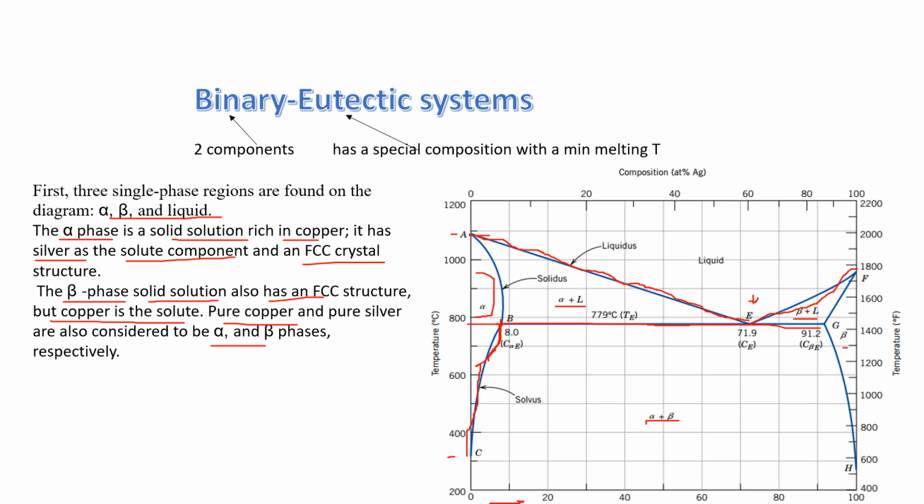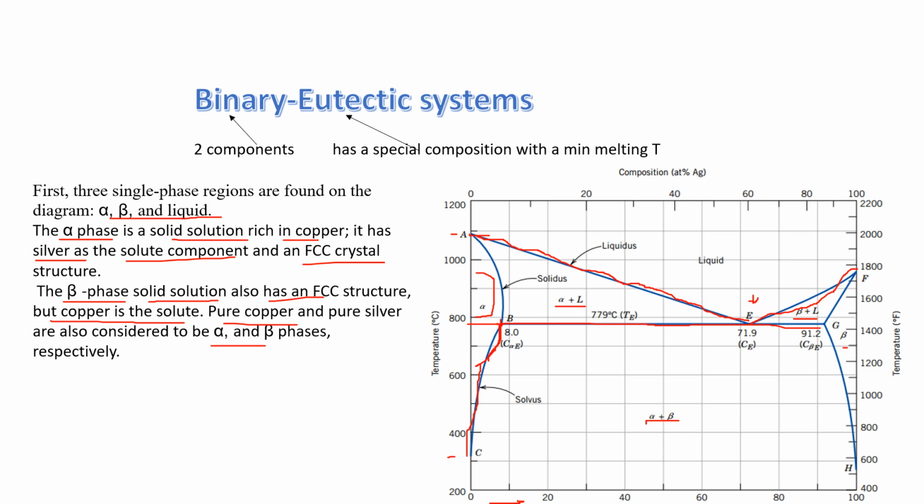Point E is called the invariant point, designated by the composition CE and temperature TE: 71.9% by weight of silver, and the temperature is 779 degrees centigrade at this invariant point. We will explain this in the next slide.